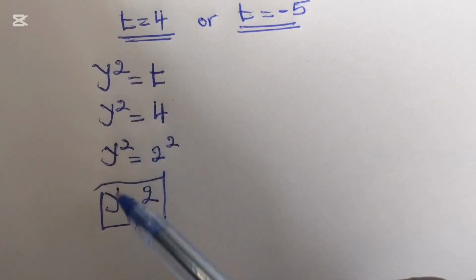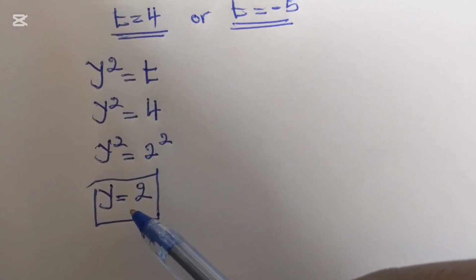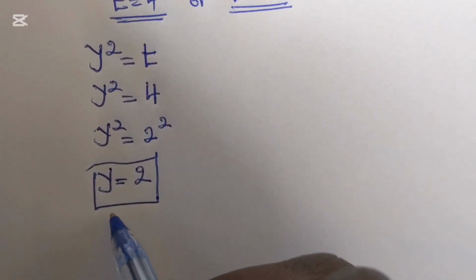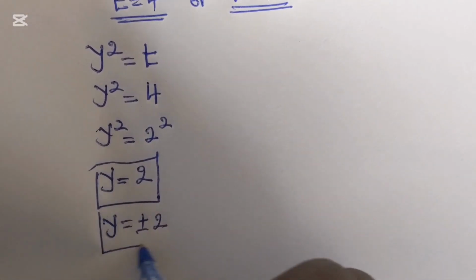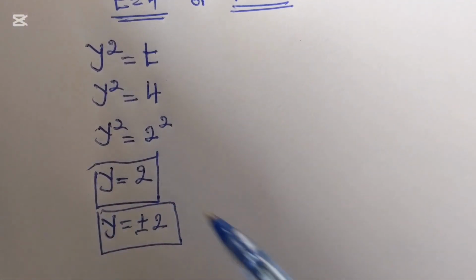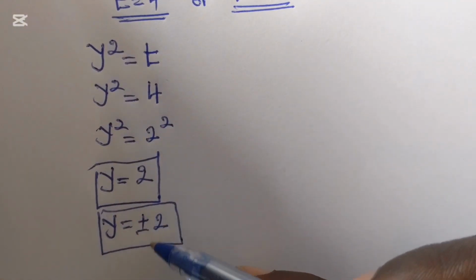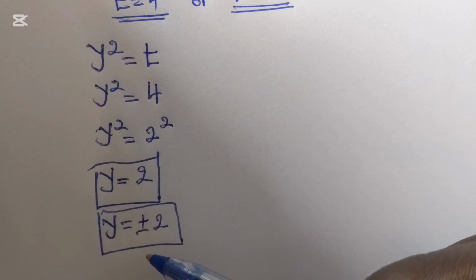Since we have a square here, we can take y to be equal to positive or negative 2, because we have a squared number. If it is negative or positive, the solution cannot change.